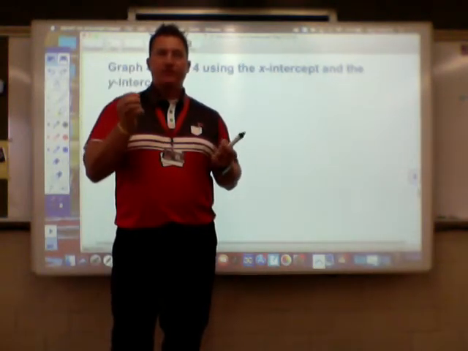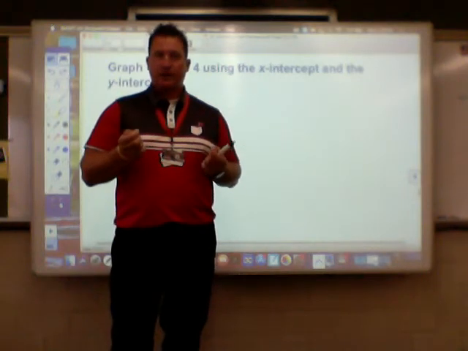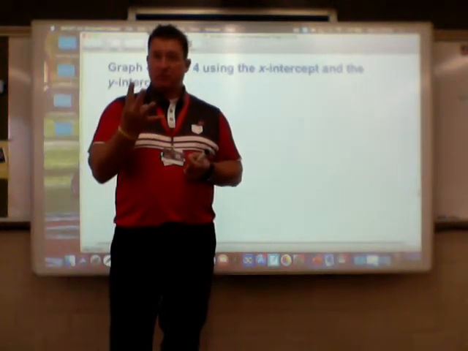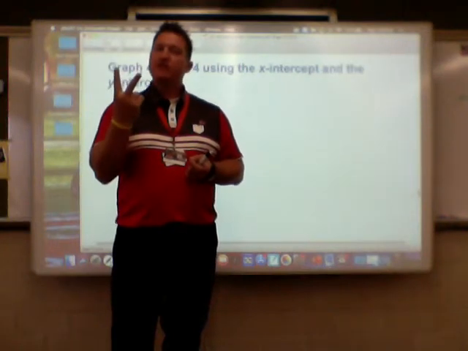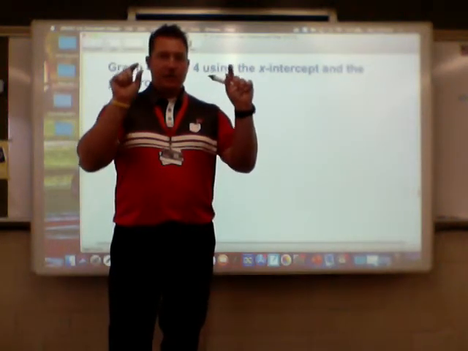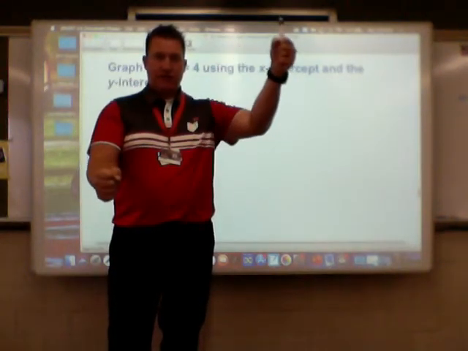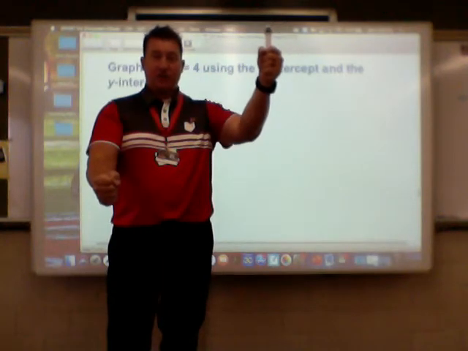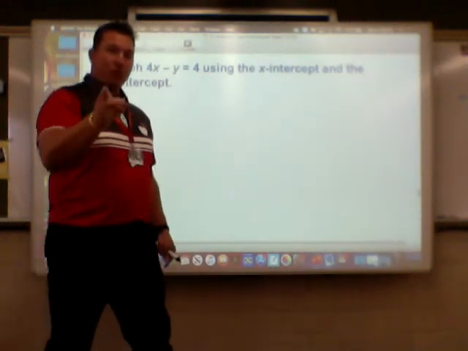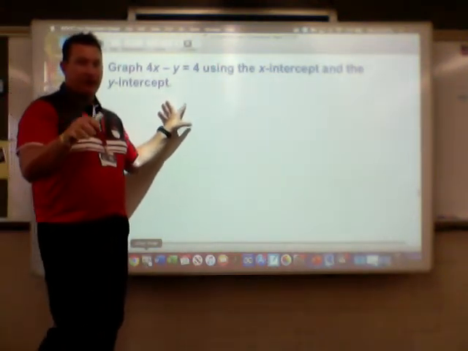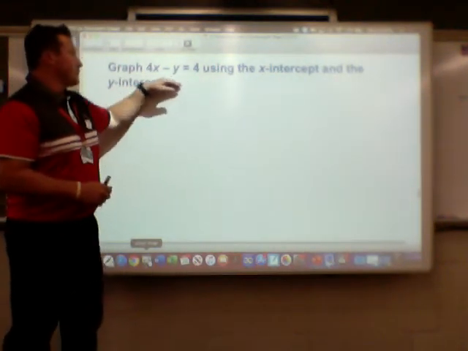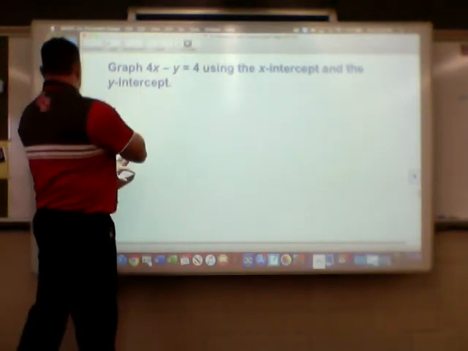How many points do I need to make a straight line? 24, 21, 23? No, you just need 2. Because if you have 2 points here and here, there's only one possible straight line we can draw through them. Well, we can do that if we know the intercepts. And it's super quick to figure out sometimes. So if you want to find the intercepts, guys, here we go. Let me grab a marker.